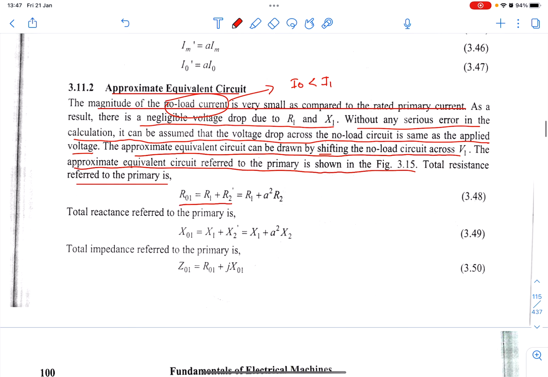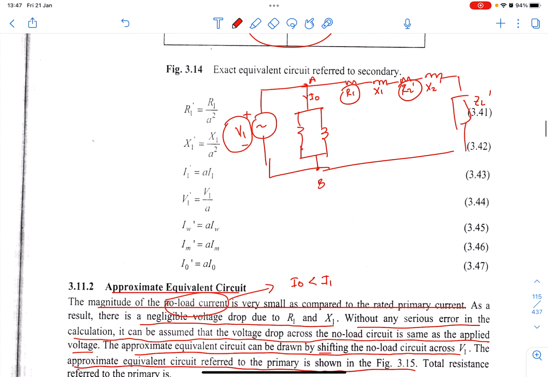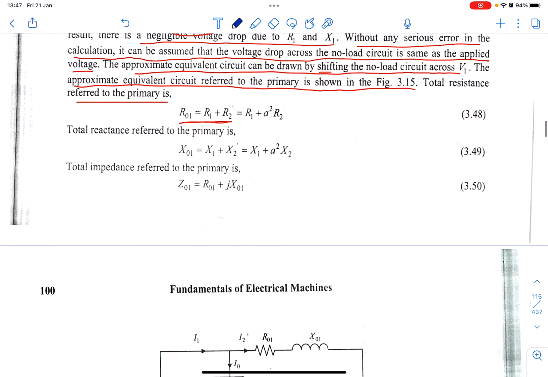So R01 is equal to R1 plus R2 prime, and X01 is equal to X1 plus X2 prime. So here you have X01 is equal to X1 plus X2 prime. So the total impedance referred to the primary is Z01 is equal to R01 plus jX01.